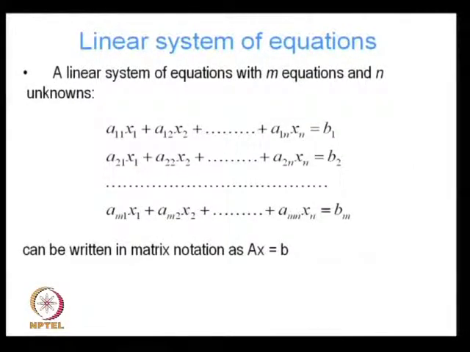A linear system of equations with m equations and n unknowns, when we actually write it out, which we have not done up till now, can be written like this: A11, A12, A1n are the components of the coefficient matrix A, x1, x2 through xn are my independent variables x.